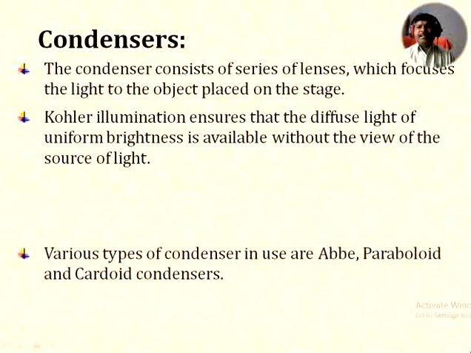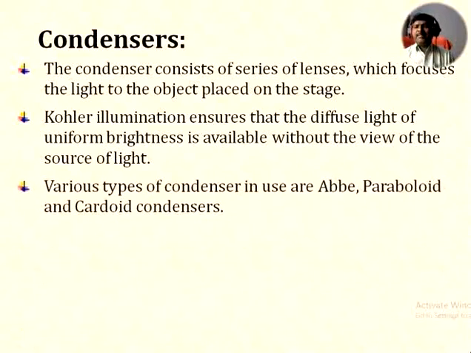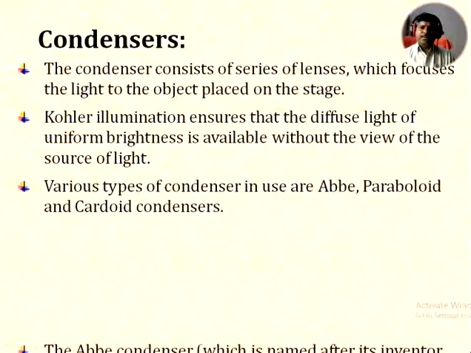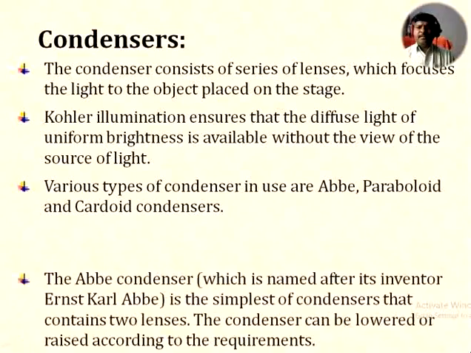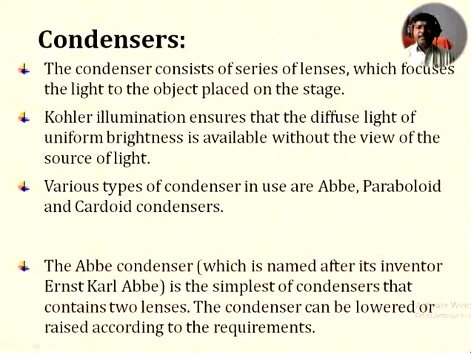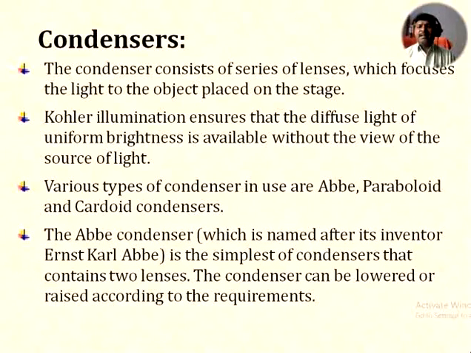Various types of condenser in use are the Abbe condenser, paraboloid condenser, and cardioid condenser. That means these are the different condensers which are used in microscopes. The Abbe condenser is the simplest condenser and contains two lenses.